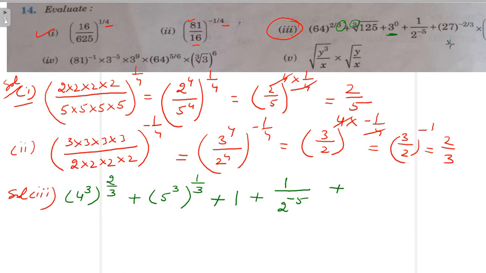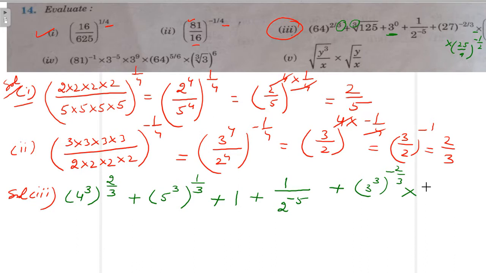Here I am going to write 25 upon 9 raised to power minus 1 upon 2. After this, 27 we will write as 3 raised to power 3, whole raised to power minus 2 upon 3, and this 25 upon 9 as, multiply sign is here.